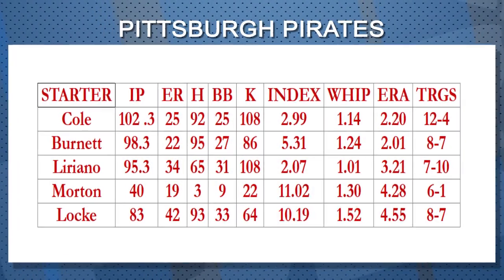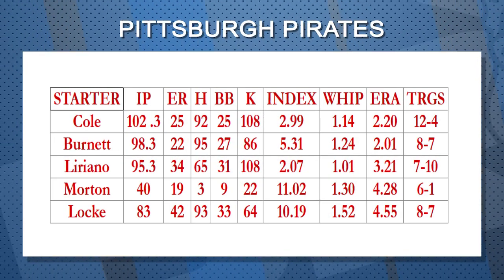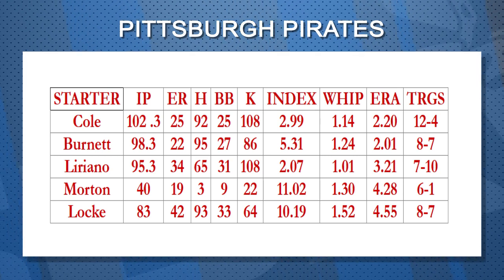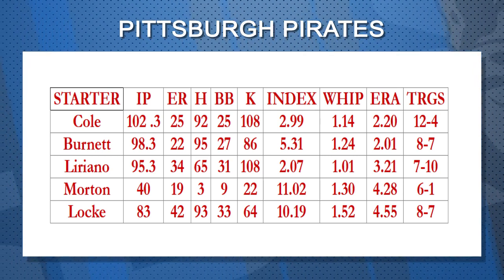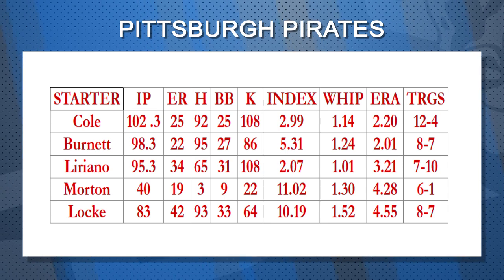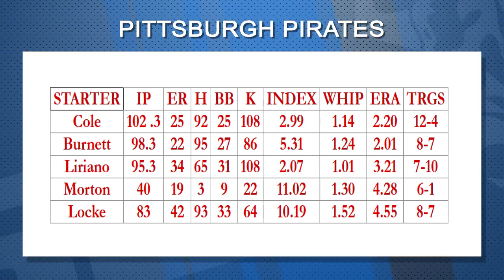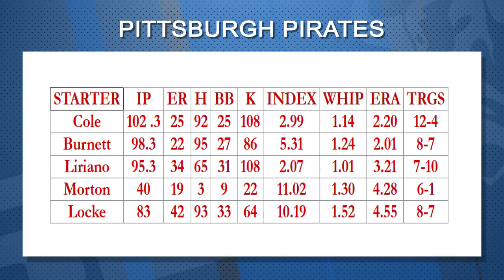With the Pirates, it's a great example of how we have 3 good starters on the team, Cole, Burnett, and Liriano, and yet their team record in games started is very diverse. Despite having virtually the same index ratings, a very divergent team record in games started, with Cole around 75%, Burnett around 50%, and Liriano considerably under .500.